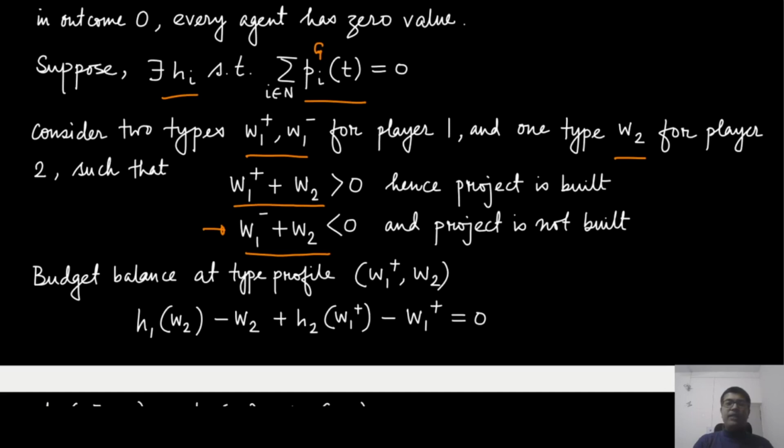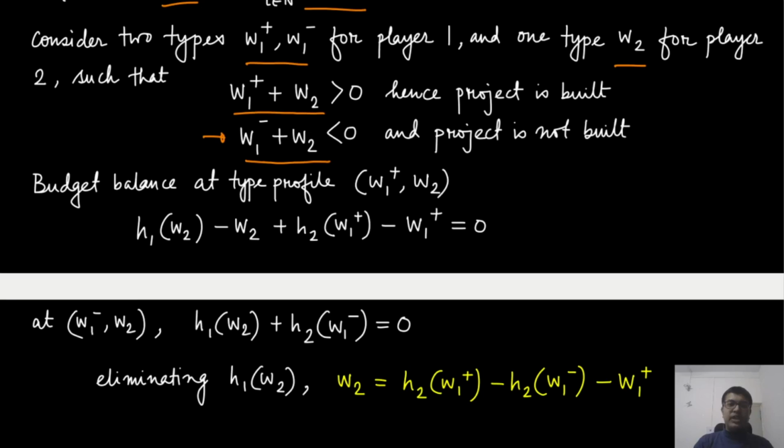Now we can apply the property of budget balance. We have assumed that this is going to be budget balanced, so we know that the payment for player 1 will be h_1 of t_minus_1, which is w2 in this case, minus the sum of the valuations of all the players except agent i.